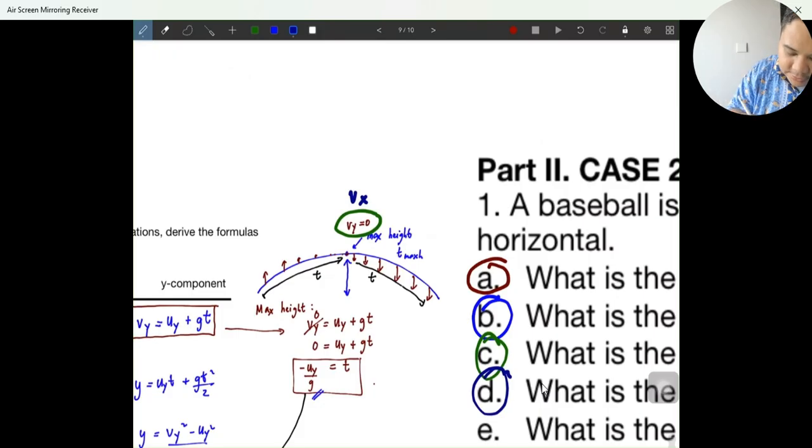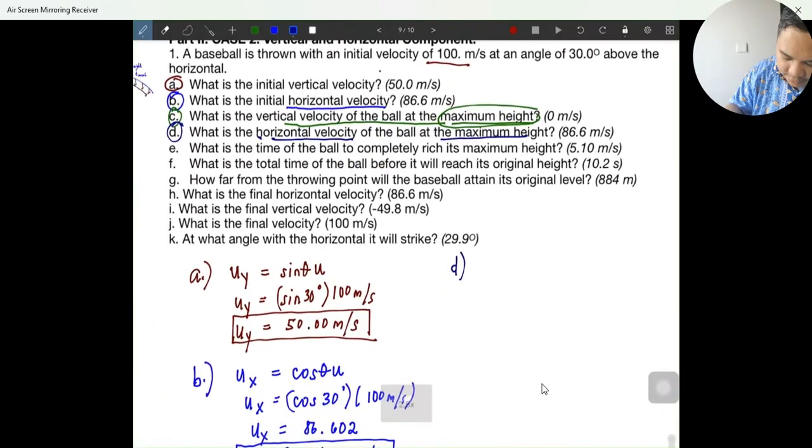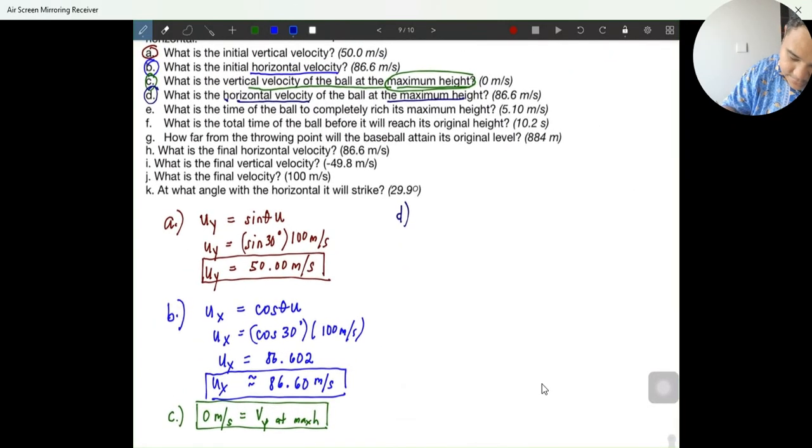So whatever your horizontal velocity, it does not change. So the value of our Vx at max height will still be 86.6 meters per second. It's constant, it is not changing.